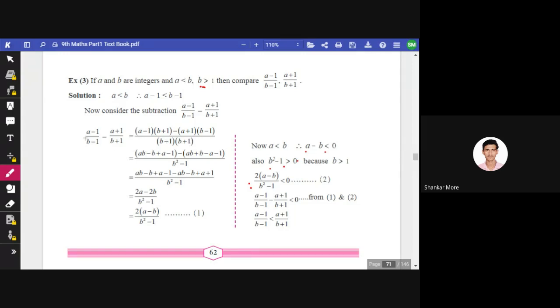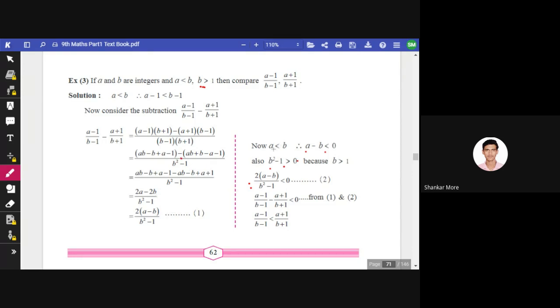Like A minus 1 into B plus 1 minus A plus 1 into B minus 1, divided by B minus 1 into B plus 1. Okay, so after the calculations we have 2A minus 2B divided by B square minus 1. So take 2 common, we have 2 into A minus B divided by B square minus 1.